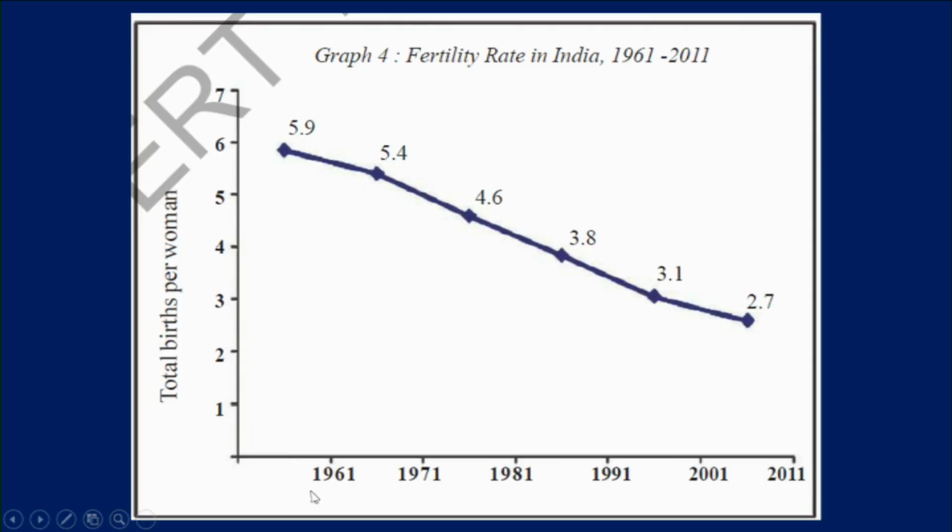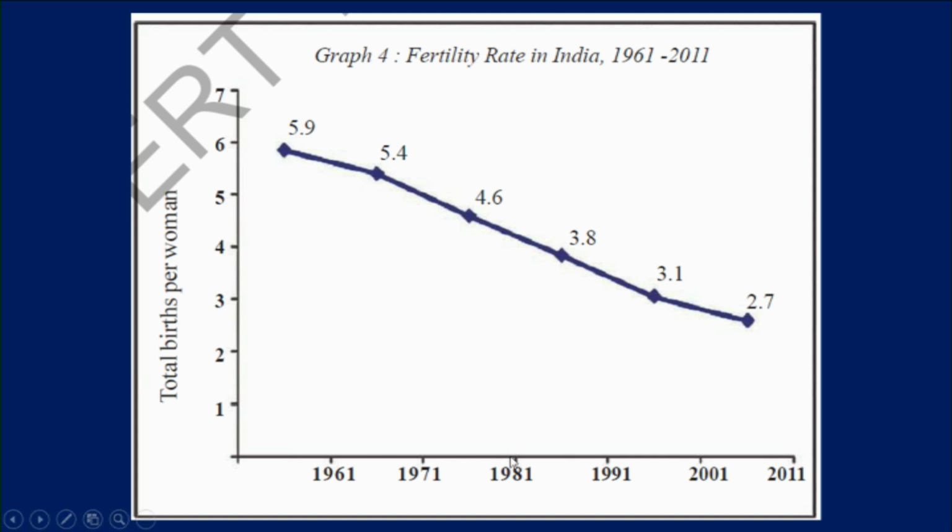As we see, in 1961 the fertility rate in India was 5.9, which means that on average one woman can give birth to 5.9 children. So, this fertility rate is slowly coming down, which means awareness about population increase is growing.